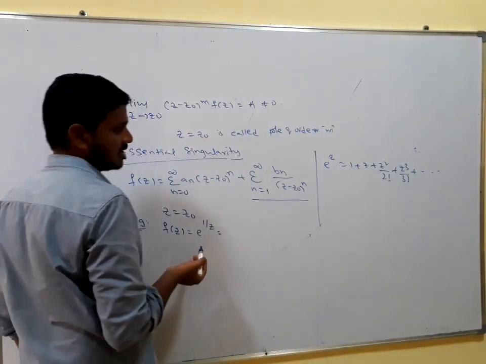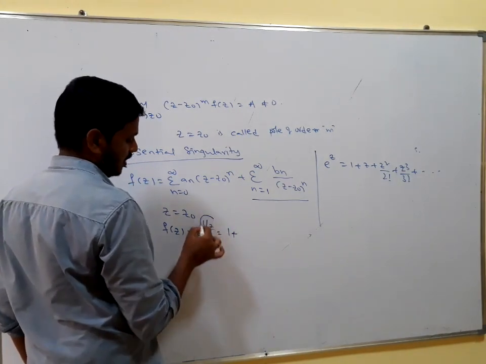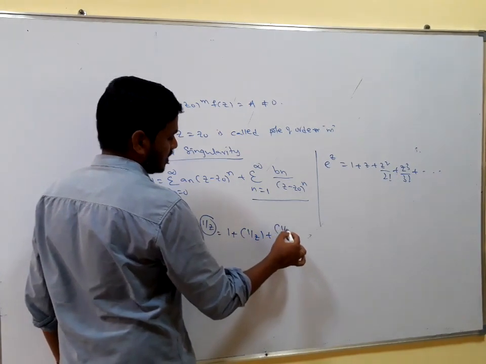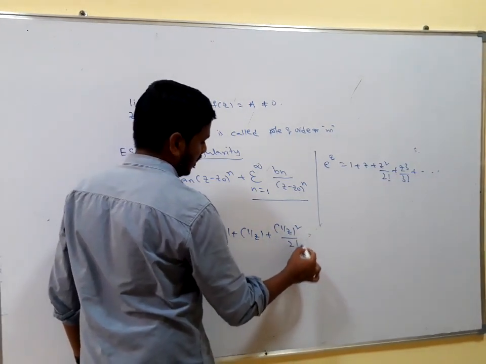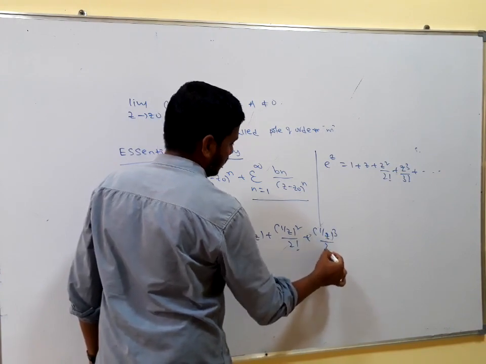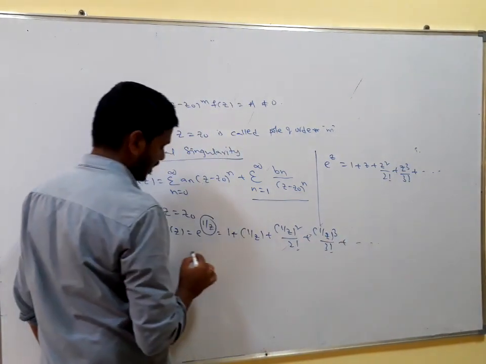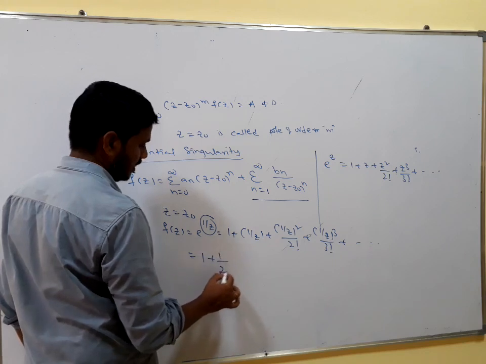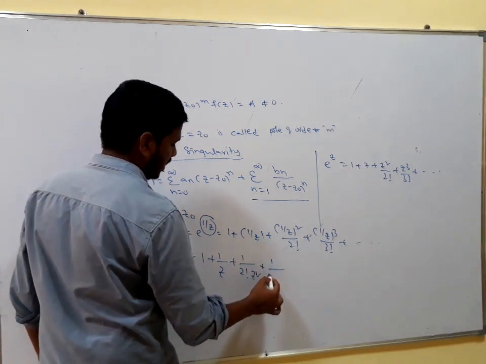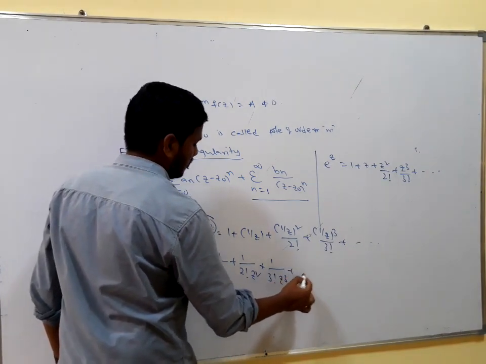So e to the power of 1 by z is what? 1 plus, here instead of z, 1 by z is there. 1 by z plus (1 by z) whole square divided by 2 factorial plus (1 by z) whole cube by 3 factorial plus so on. So this can be written as 1 plus 1 by z plus 1 by 2 factorial z square plus 1 by 3 factorial z cube plus so on.